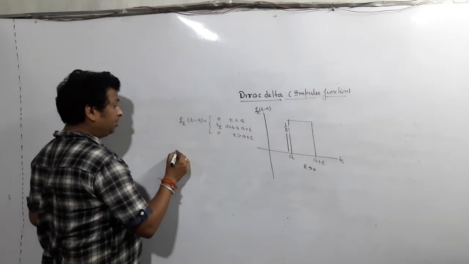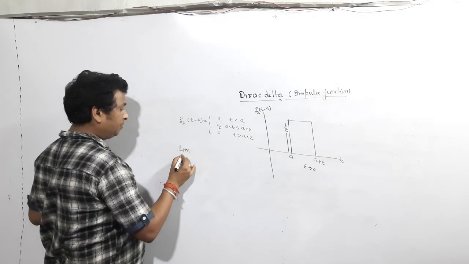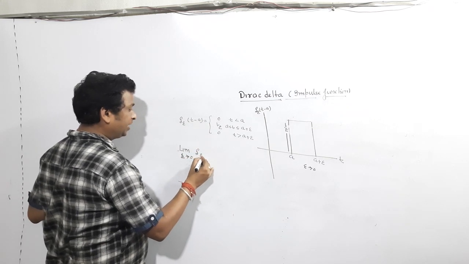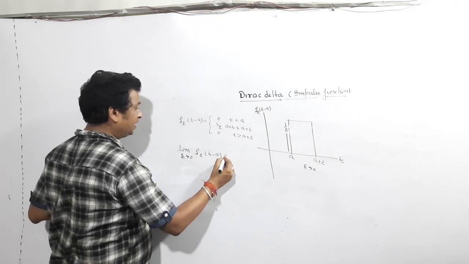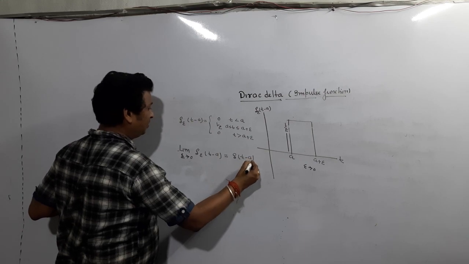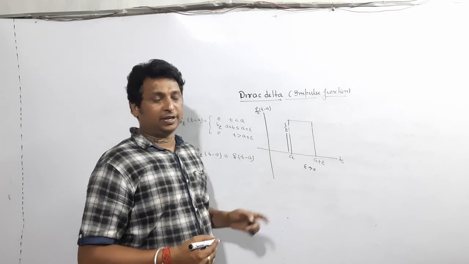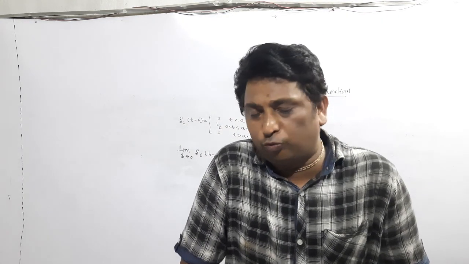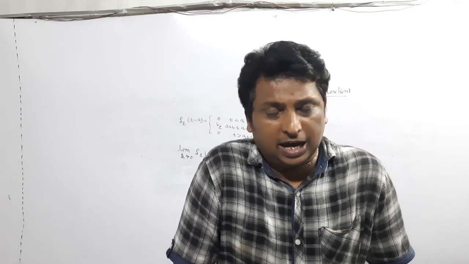When we take the limit epsilon tends to 0, delta epsilon of (t − a) is known as delta (t − a), the impulse function or Dirac delta function, also known as Kronecker delta, where the value is 1, and for others it's always 0.